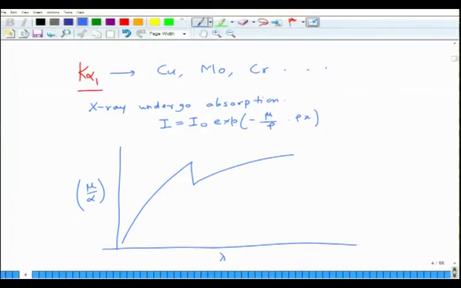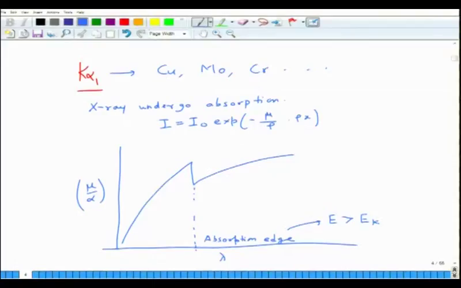So, this basically is the point where absorption suddenly decreases, depending upon how you look at it. This is called the absorption edge. The absorption edge corresponds to the energy when E is greater than Ek, when the energy of the incident photon is higher than the K binding energy.